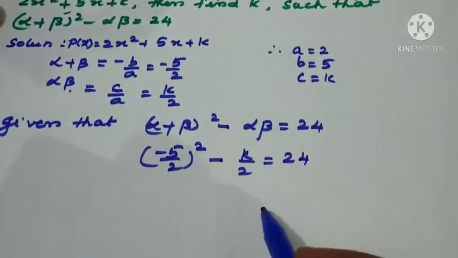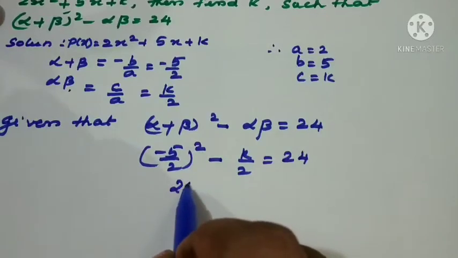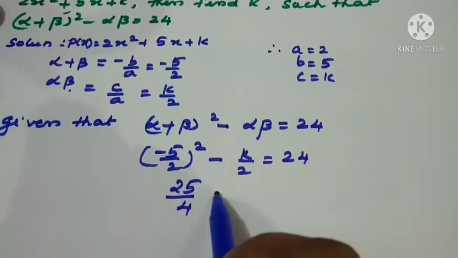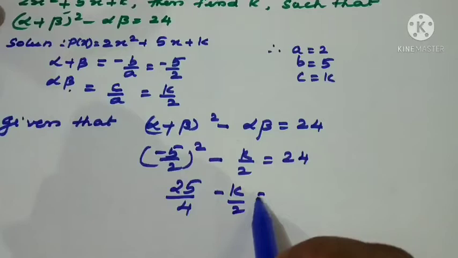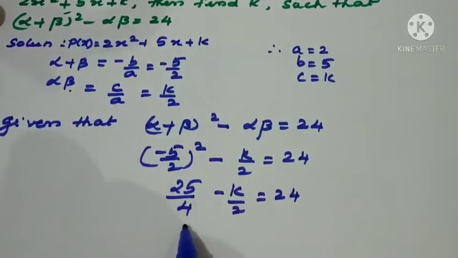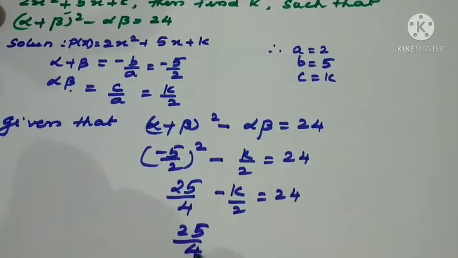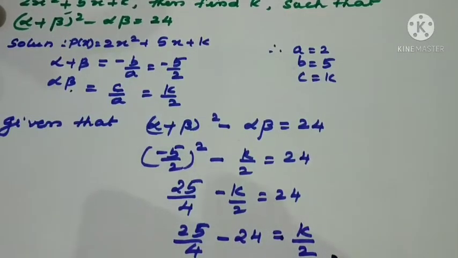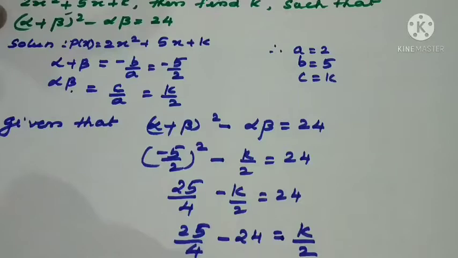What is minus 5 square? 25. 2 square is 4, minus k by 2 equal to 24. So we can do 25 by 4 minus 24 equal to k by 2. Okay. Now 25 minus 24 into 4 by 4 equal to k by 2.